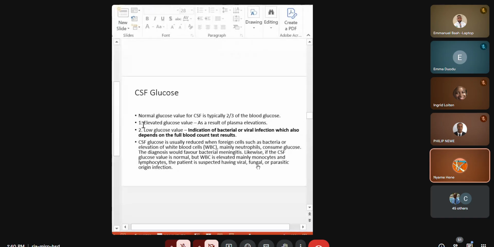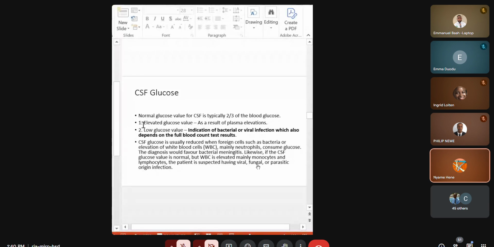Why? Because there is a bacteria chopping the glucose. The glucose is going down, not because you have not eaten, but we check and there's low glucose value, even with normal RBS or normal blood glucose levels.